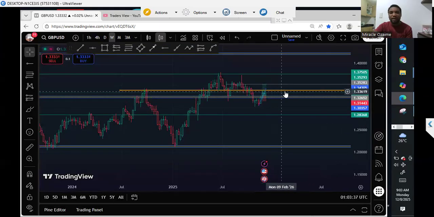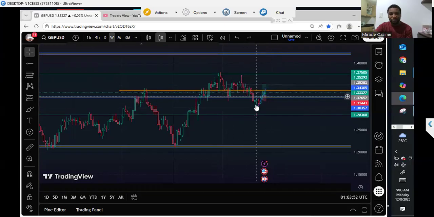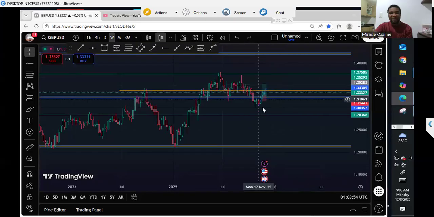That's why around this yellow zone that I have drawn here, I'll be very careful. I am presently working on what I could see, which is a double bottom, not this double top anymore. This is the double bottom on the weekly time frame that I could see as of the moment, and it has already broken the major zone, which is this level.